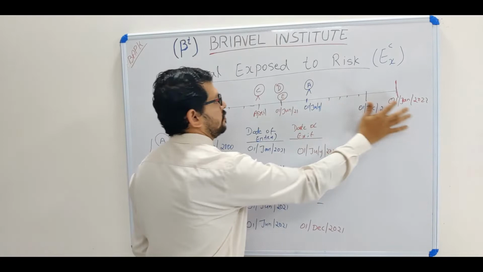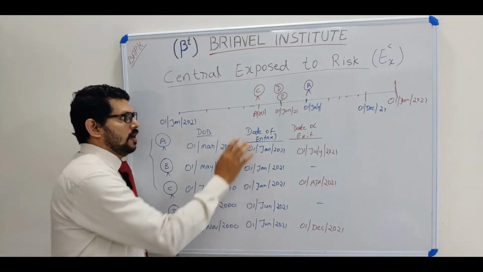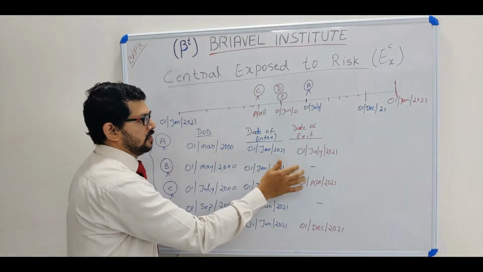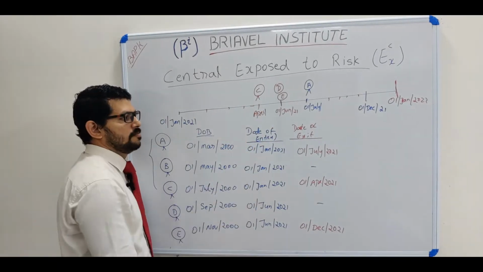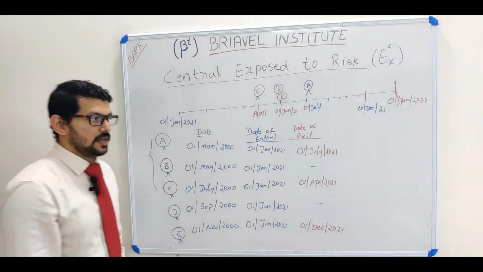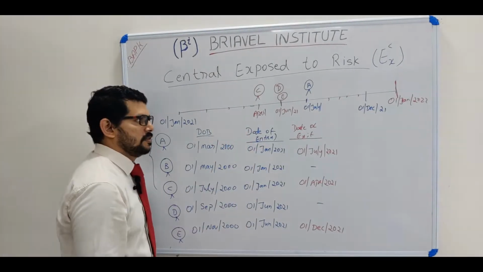So this is our exposure to risk. This observation period is the exposure to risk. So this person came out on 1st April. This reason is not a death; it's a personal reason he came out of the observation. So we can say he is withdrawn. In a policy, we can say the policy is surrendered or withdrawn.